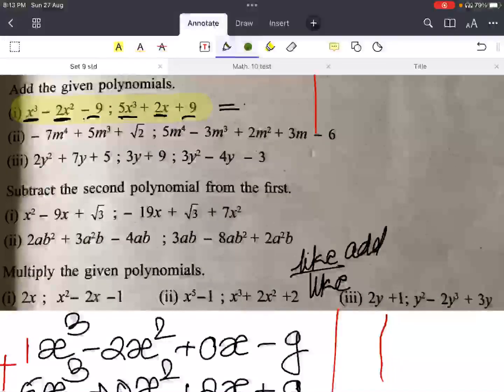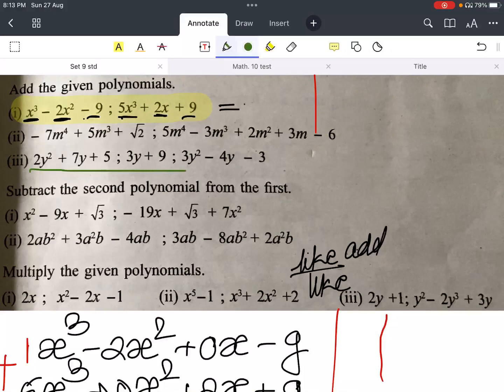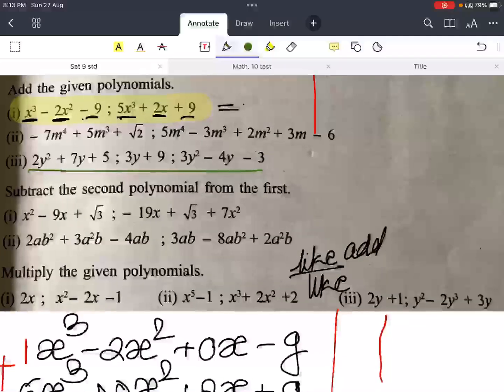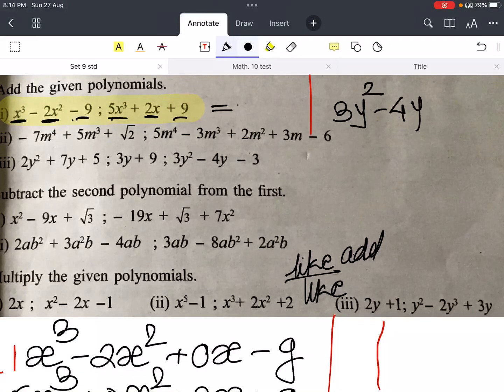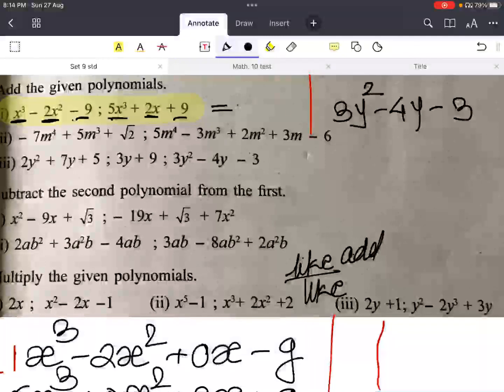The third question is: 2y square plus 7y plus 5, plus 3y plus 9, then 3y square minus 4y minus 3. So we will solve this example over here. First of all, write down, using a black pen, 3y square minus 4y minus 3.